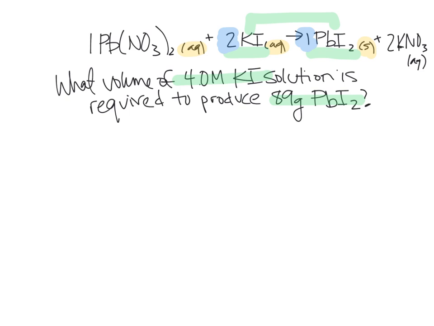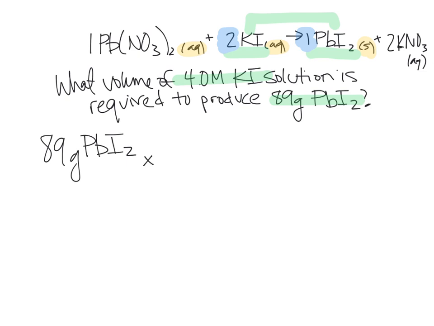Our first step, we're always going to write what's given. The best place to start would be our 89 grams of lead iodide. I first will want to go to moles of lead iodide.